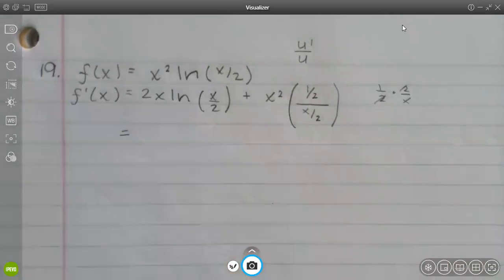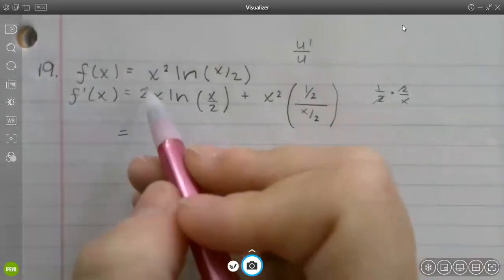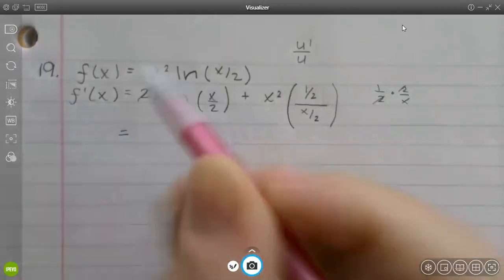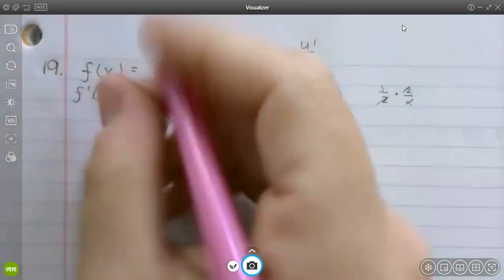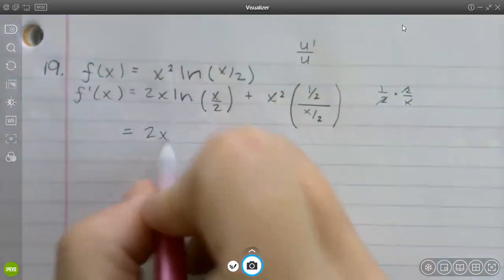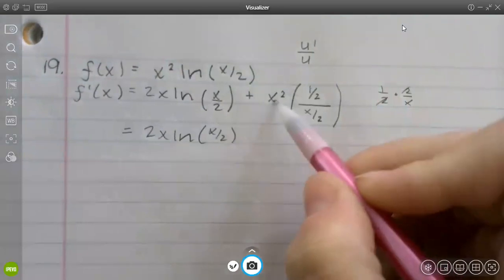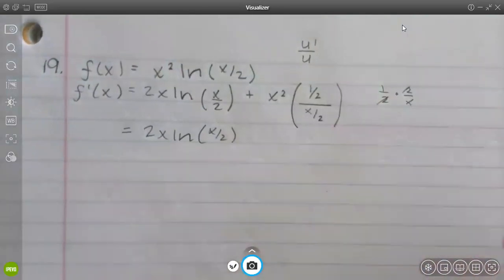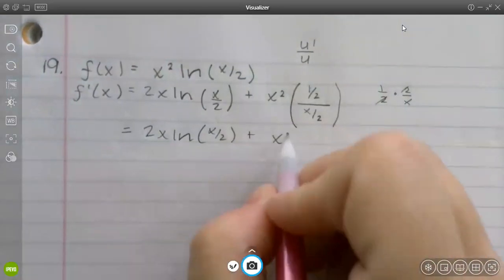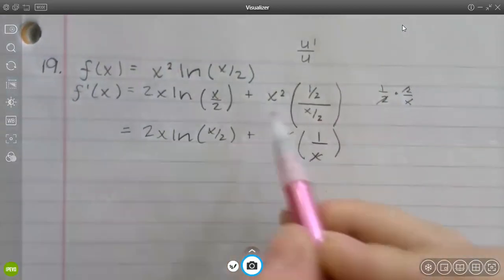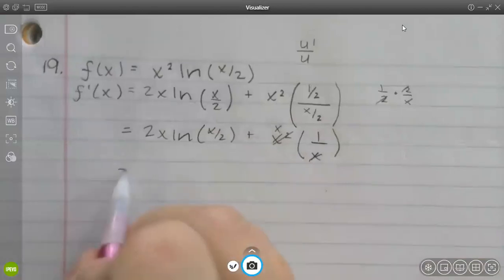So I'm going to simplify it a little bit right here. The first term is 2x ln of x over 2. Here we have an x squared, and I said that this was going to be 1 over x. So I have 2 on the top, 1 on the bottom, which leaves just x on the top.